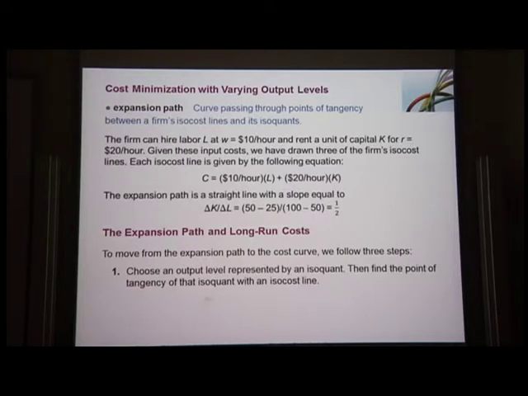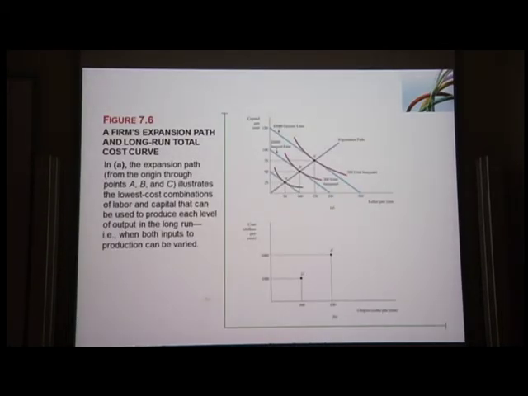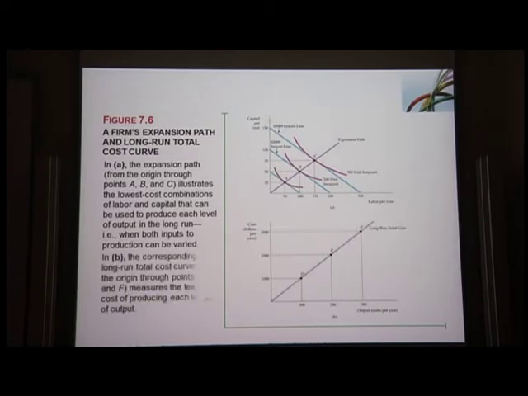And then if you have the expansion path in the long run, because we're talking about long run cost, then you can derive from the expansion path the long run cost curve. And basically there are 3 steps that you need to follow. So we will come to those steps to derive the long run cost curve from the expansion path.